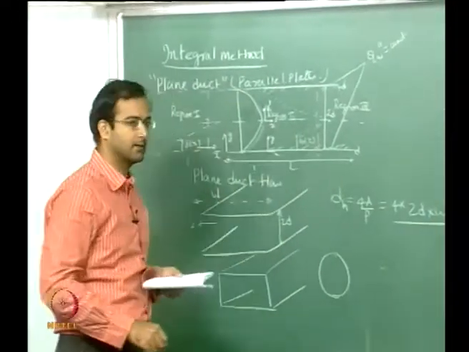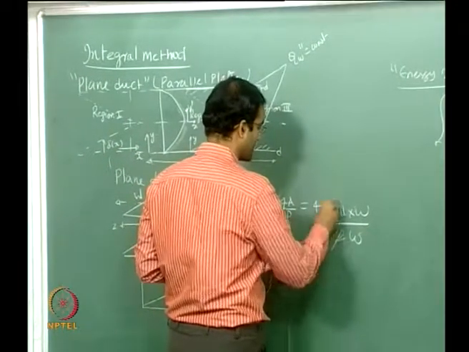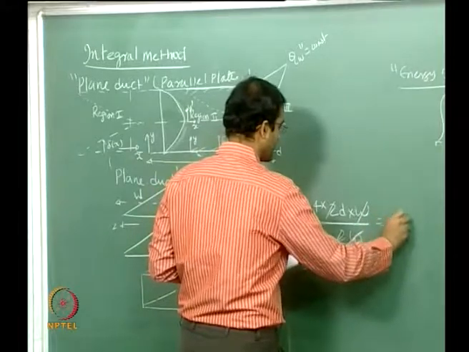What is the perimeter? 2 into W. Therefore this becomes 4d.